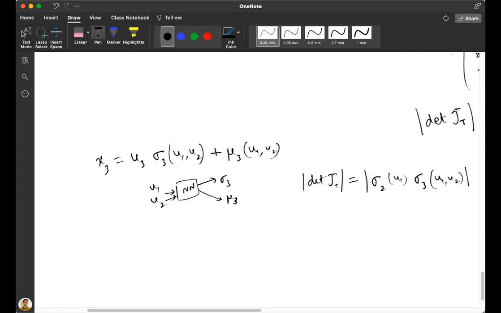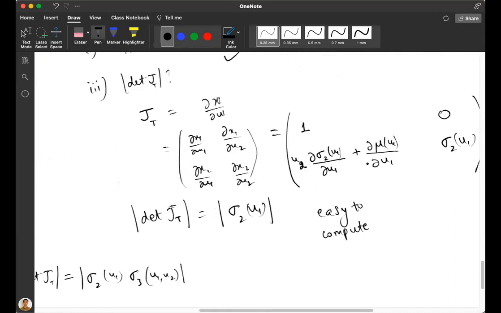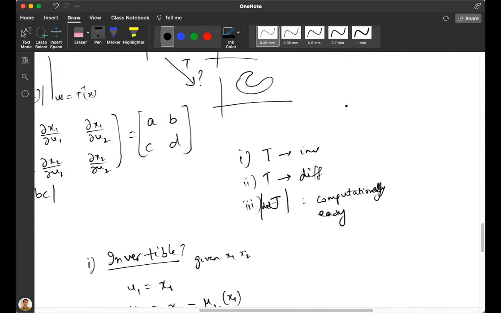That's it. So this is a method to construct a transformation which is invertible, differentiable, and also the determinant of the Jacobian is very easy to compute, right? So it satisfies all these three important properties very nicely.